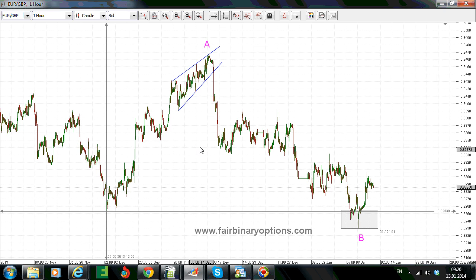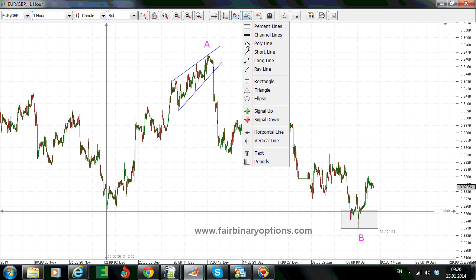So while the first instinct will be to label this one in a five-wave structure, the fact that the B wave here comes and takes the lows here points us to an irregular flat, and this irregular flat should come in the form of 3.